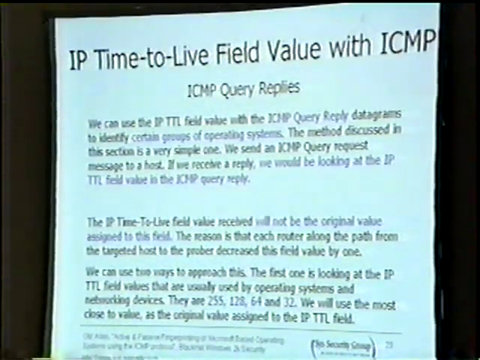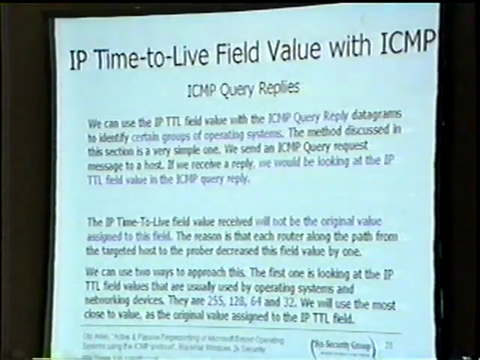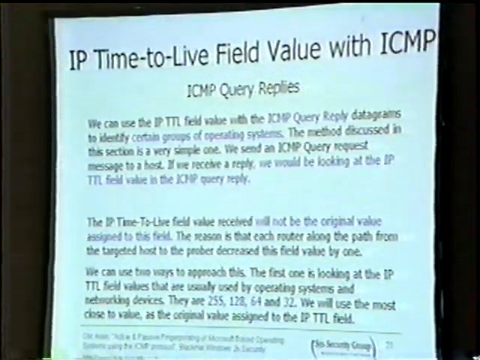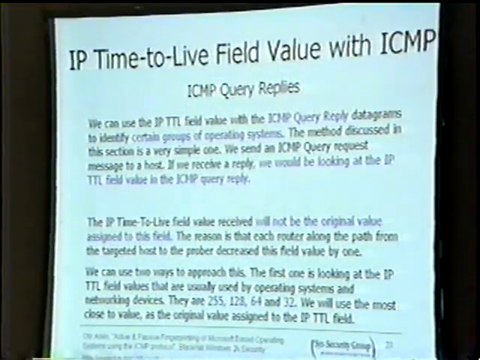If we look at the ICMP query replies first, the regular values that we will see are 255, 128, 64, and 32. Now, those will not be the original values assigned to the datagrams that we get back from the host we query, because along the way, some stations or hops decrease this number.